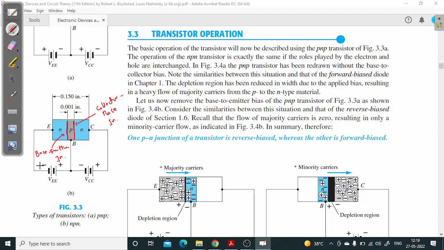So the point here is that we have two junctions inside this BJT. One is the base emitter junction and the second is the collector base junction. Okay. And we know that one PN junction means one diode, right? So in a very crude way we can say that the BJT consists of two diodes.